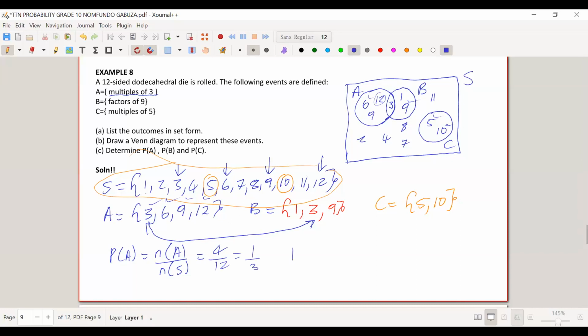The probability of getting B is the size of event B, which is 1, 2, 3, so 3 over 12, which is 1 over 4. Then the probability of getting C is 2 over 12, which is 1 over 6.